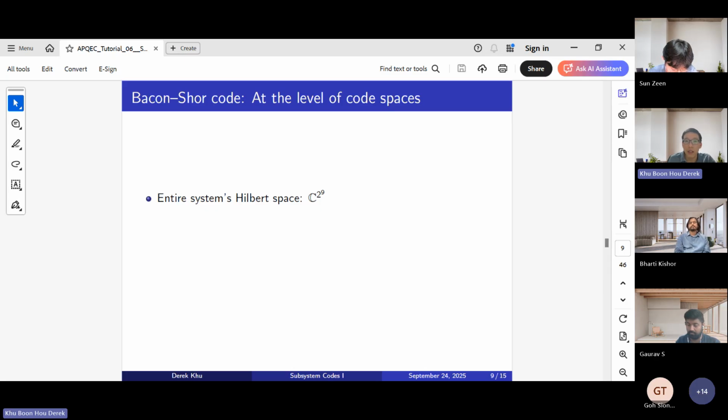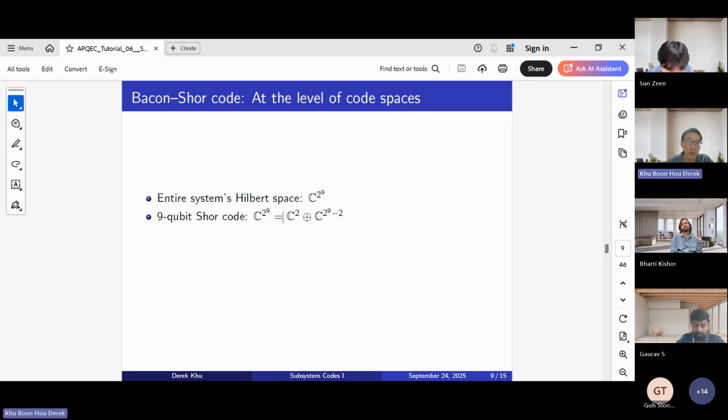So now let's go back to the Hilbert space level. How does this Bacon-Shor code work? So there are 9 qubits, so the entire Hilbert space is going to be the complex space of dimension 2 to the 9, right? Because there are 9 qubits. And so in the 9 qubit Shor code, we have one logical qubit.